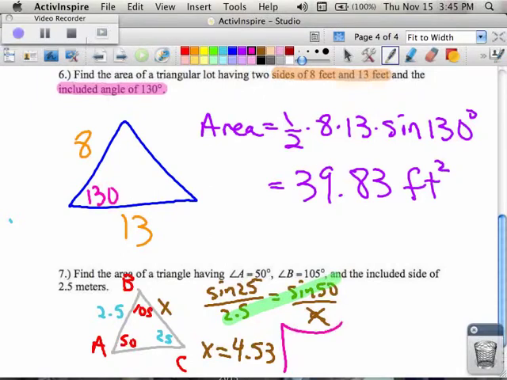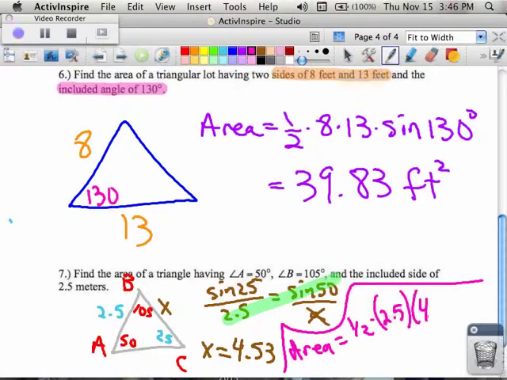I have one more step to do. I would say that my area is equal to 1/2 times the two sides, which were 2.5 and 4.53, times the sine of the angle that was in between those two, which was 105.